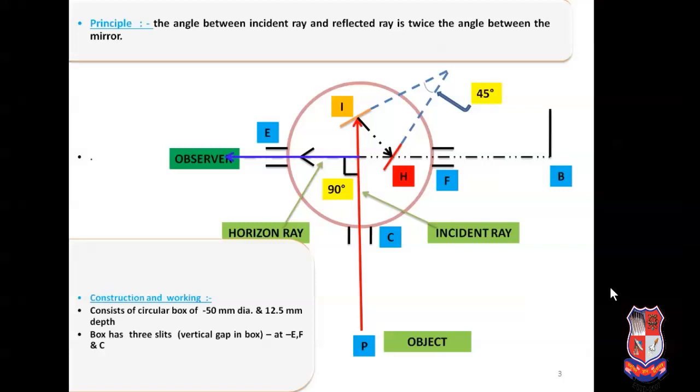The box has 3 slits, means vertical gaps in the box, at locations E, F and C. You can see here, this is the vertical slit at location E, this is the vertical slit at location F, and the vertical slit at location C. Slit E and slit F are in the same line, and slit C is perpendicular to slit E and F.